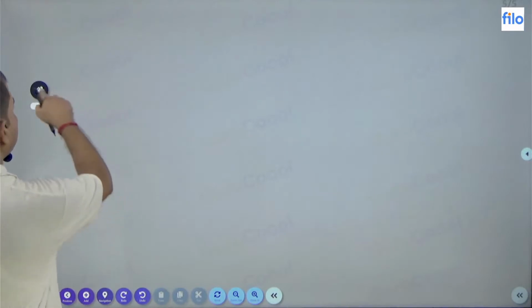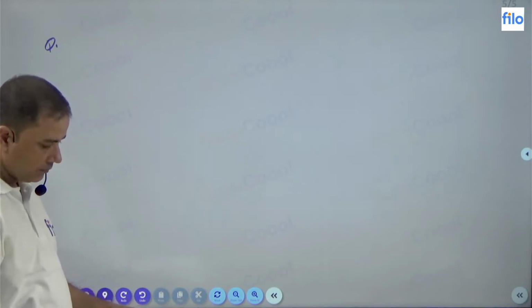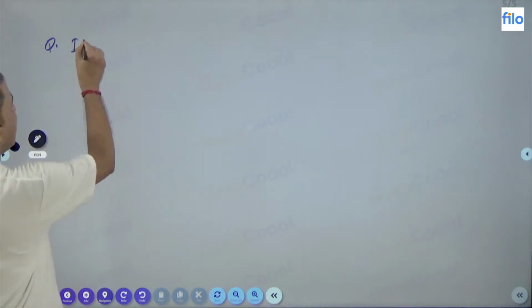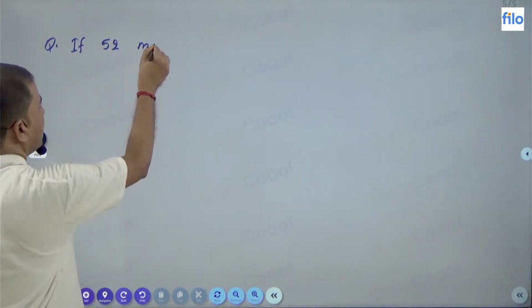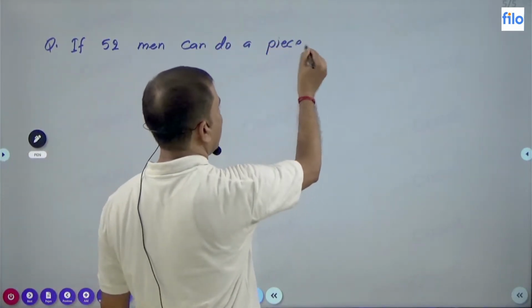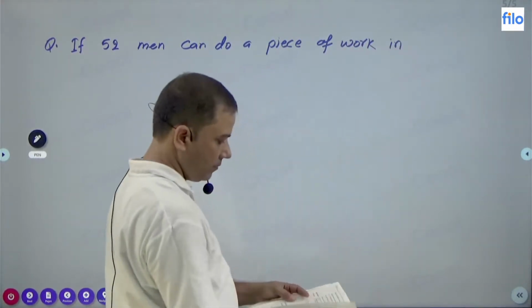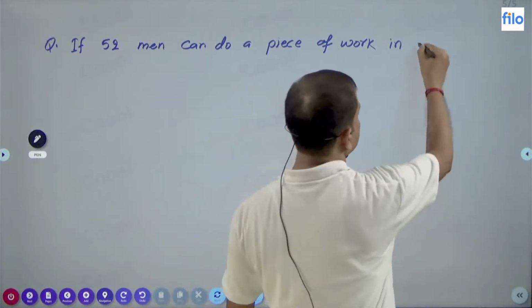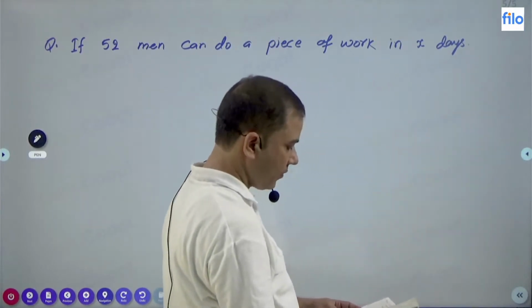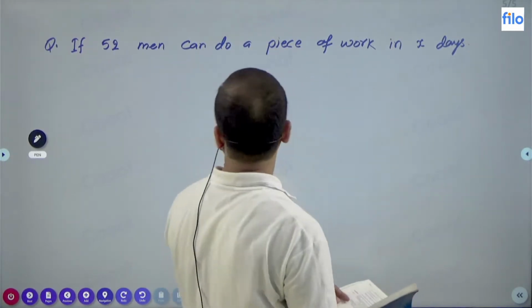Let's take the next example. If 52 men can do a piece of work in x days, sorry, 35 days. 35 days.